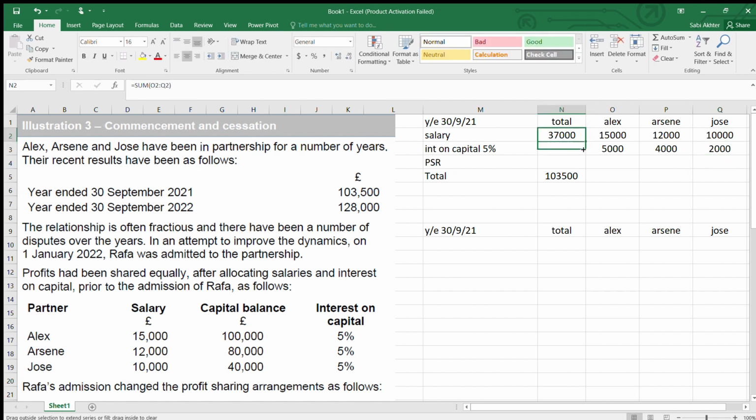Then just drag this down to get the total of interest on capital.